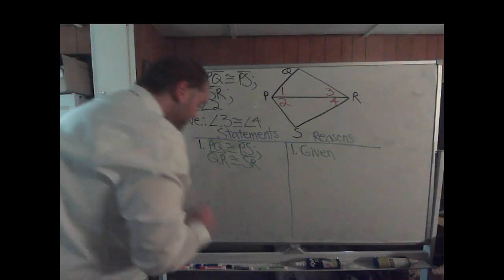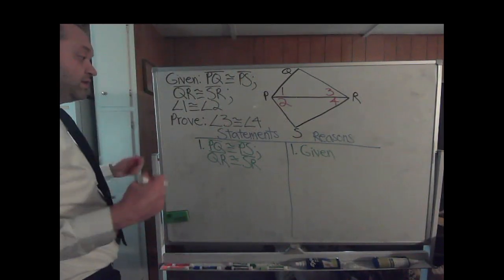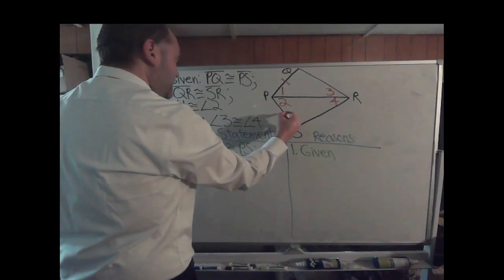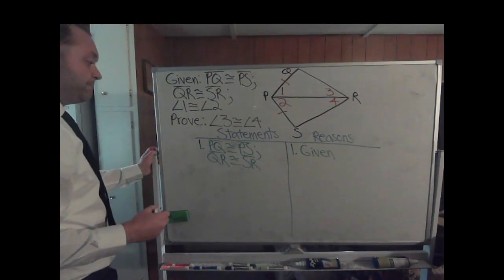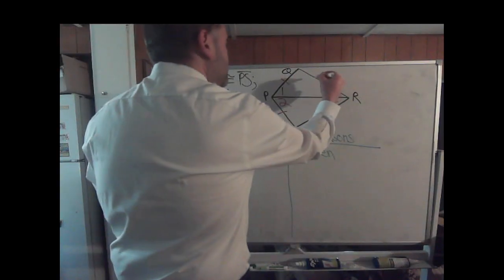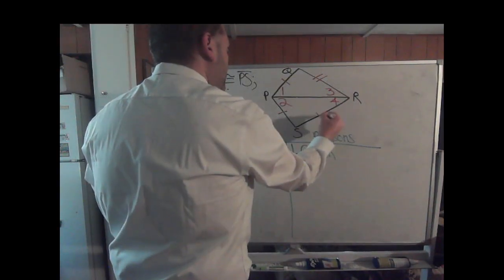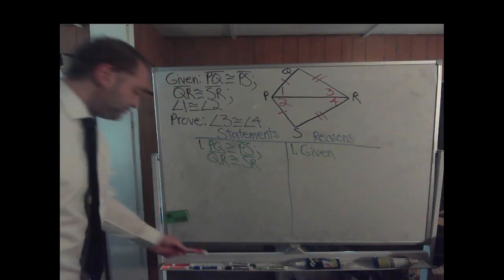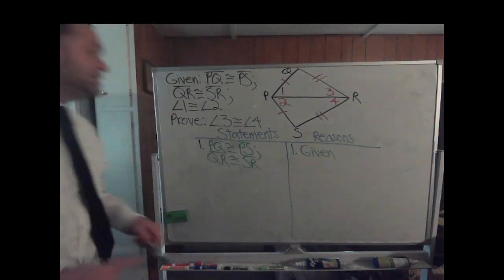So now that we have the given information, why don't we mark that in our diagram? PQ is congruent to PS, so there's some markers. We have QR is congruent to SR, right? Well, I can tell you this.